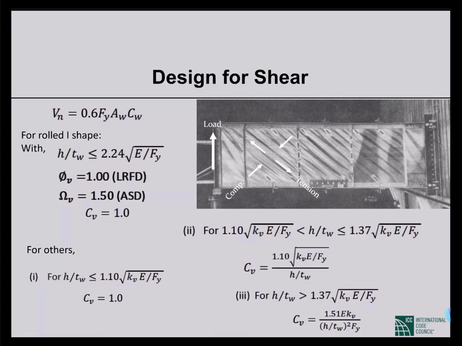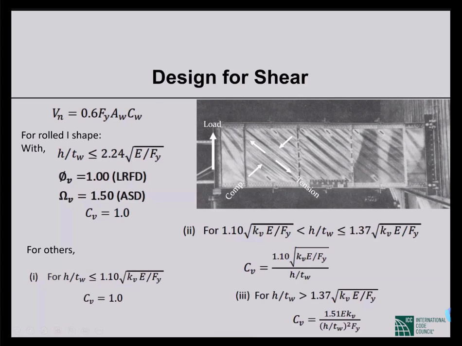So we apply one factor. That factor actually means at what percentage of this yield force the member will buckle. That is actually CV for shear. And there is a limiting slenderness ratio, h by tw, in this case 2.24.